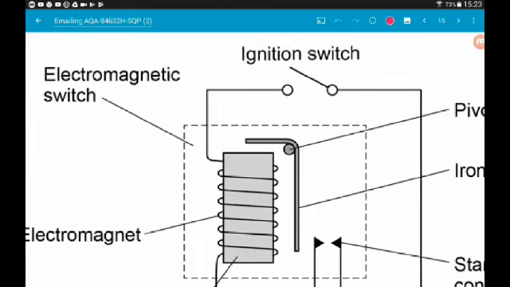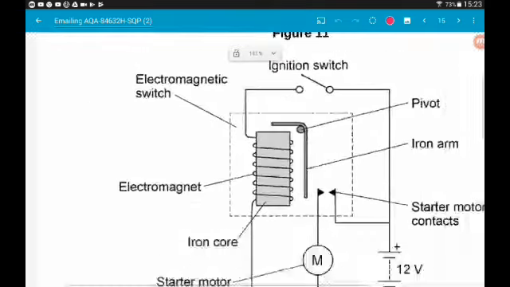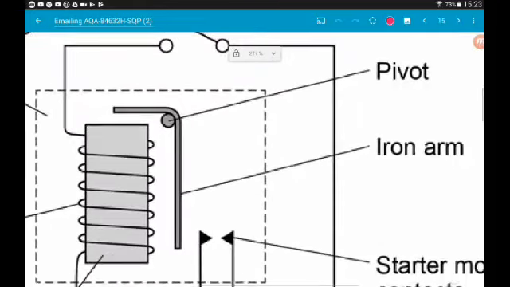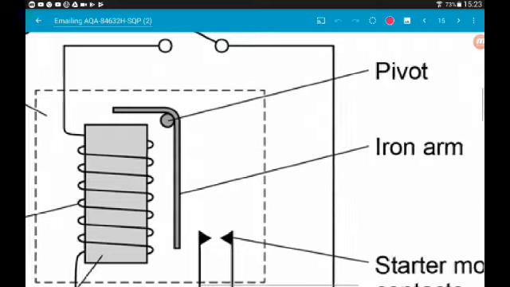Now when the electromagnetic switch has a current flowing through it, the iron core will become magnetized. Now when the iron core is magnetized, the iron arm, which is on a pivot, or even the short part of the iron arm, is going to be attracted to the iron core.